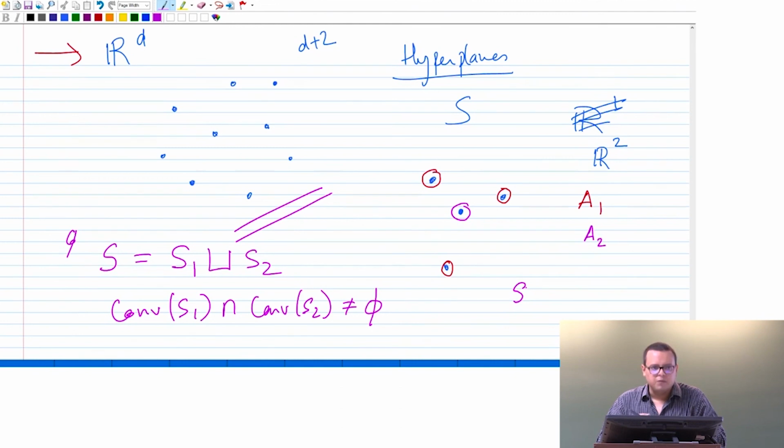Sets of size D+2 in RD cannot be split, or I cannot generate all subsets of S by hyperplanes in RD. In terms of VC dimension, I do not want to get into that again. The VC dimension of half planes in RD is D+1.